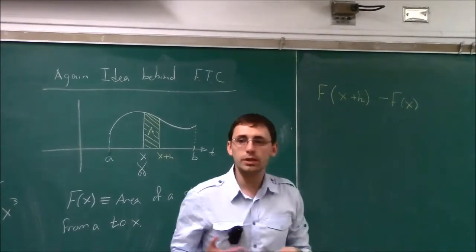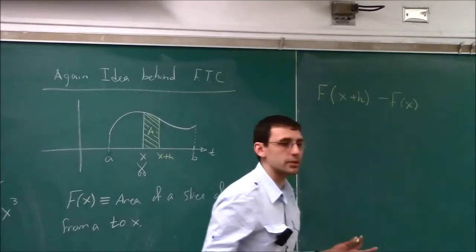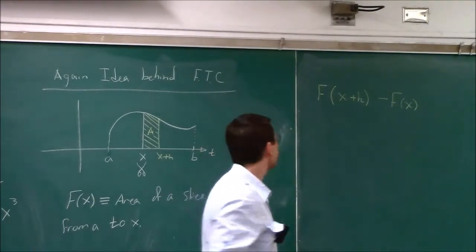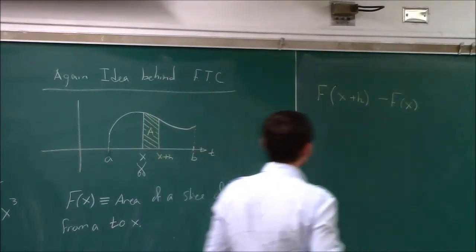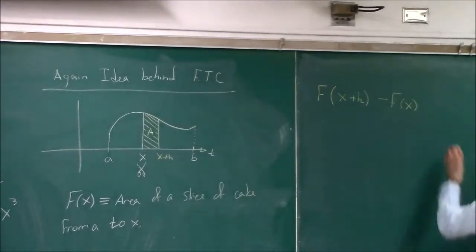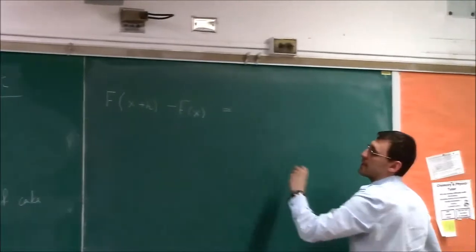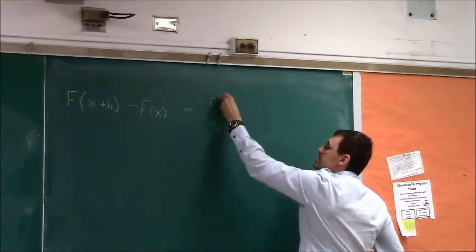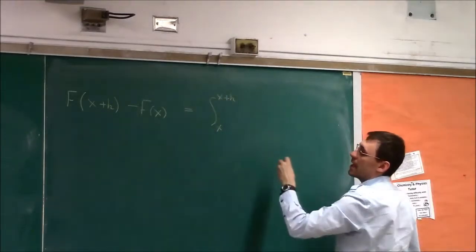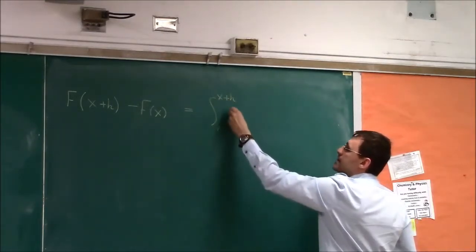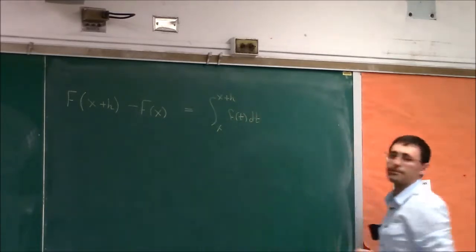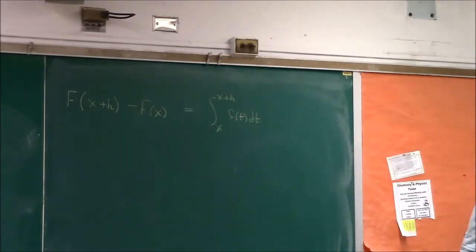It begins to look like the derivative, right? And as you mentioned, you can express this as the integral from x to x plus h of little f of t dt. Correct? That's just the expression of it.